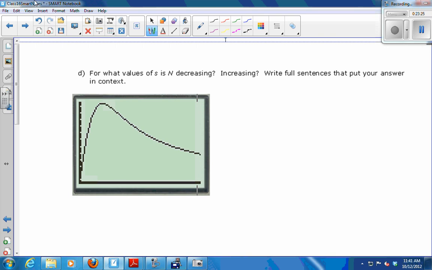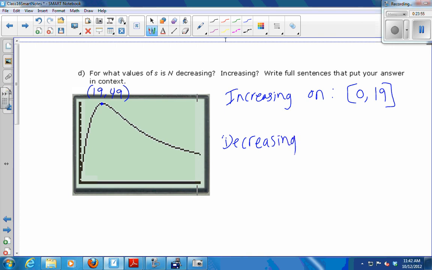So the coordinates of this point were 19, 49 approximately, right? So this function is increasing on what interval? Starts at 0 until when? To 19, right? You give X values when you talk about increasing and decreasing. And then it's decreasing on 19 to infinity.